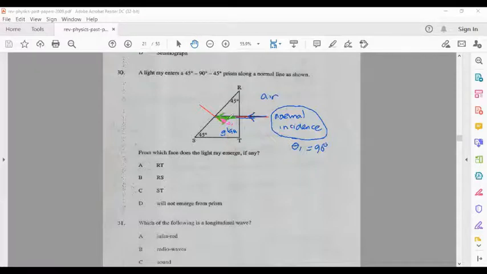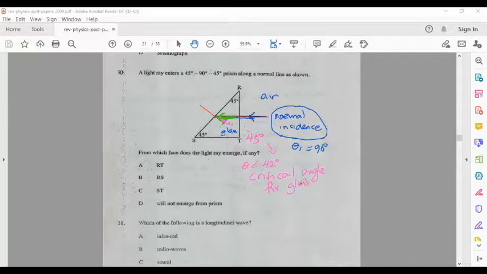That angle is 45 degrees. But in order for us to get refraction in glass, the angle has to be less than 42 degrees. Okay? Other way around. The angle has to be less than 42 degrees. This is what's called the critical angle for glass.